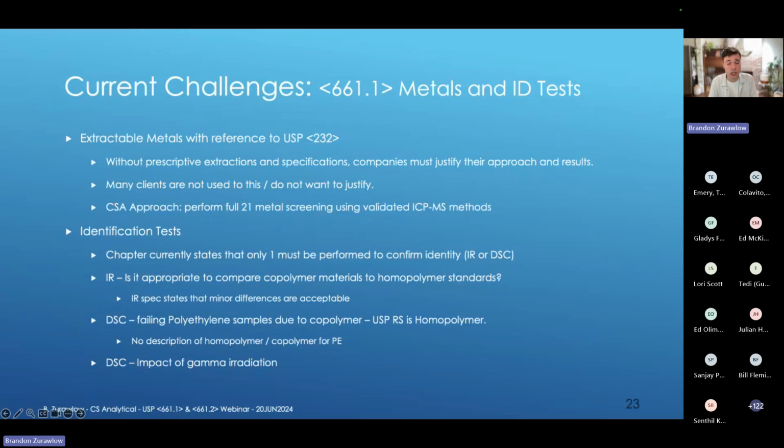The melt point has changed and it doesn't match the homopolymer polyethylene standard for HDPE that has not undergone gamma irradiation. So technically that would be an OOS. However, in practice, it's feasible to describe how there is an impact from gamma irradiation, show before and after test results, and essentially demonstrate that the material that you have is in fact the material that you believe it to be in HDPE.